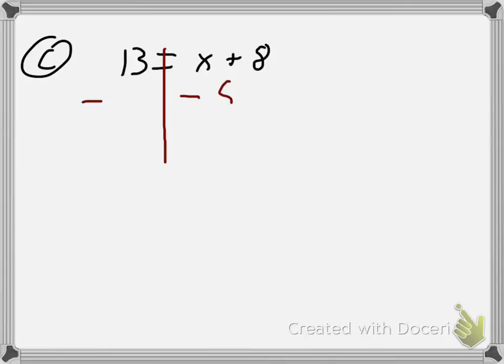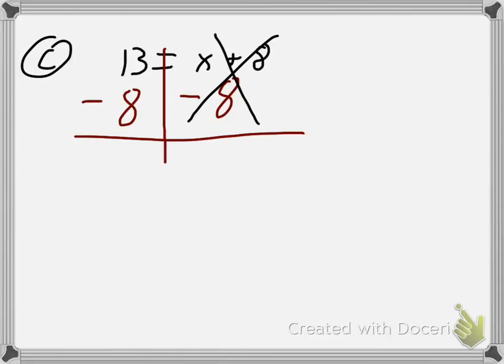Since it's plus 8, I'm going to subtract by 8. Now when I go through and solve, if I have a plus 8 minus 8, those are going to cancel out. I'm left with just x, equal sign, and 13 minus 8 on the left-hand side is 5. So I'm thinking x is equal to 5 at this point.